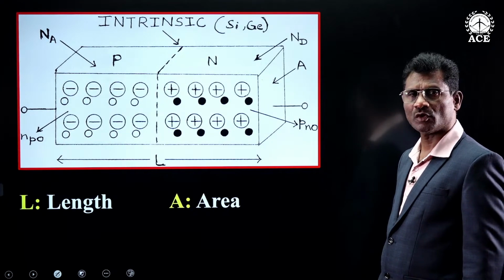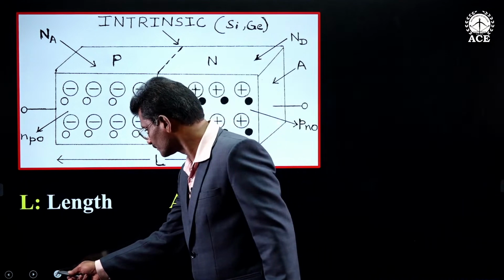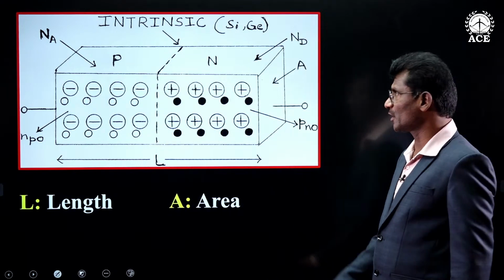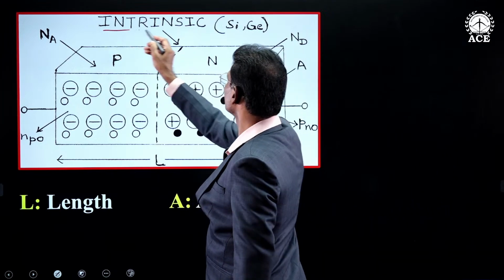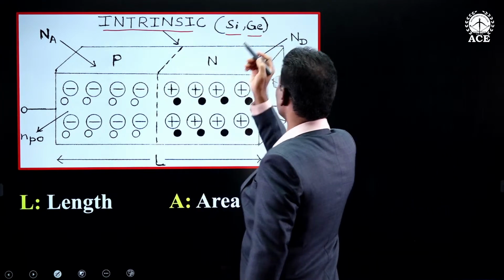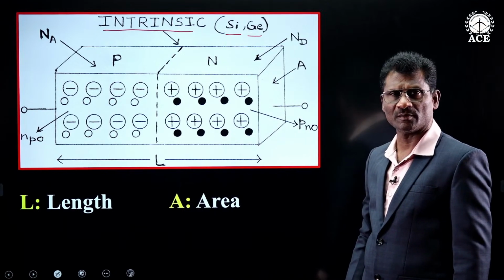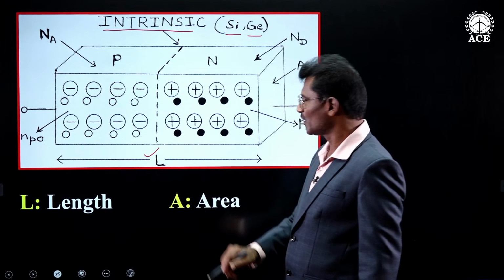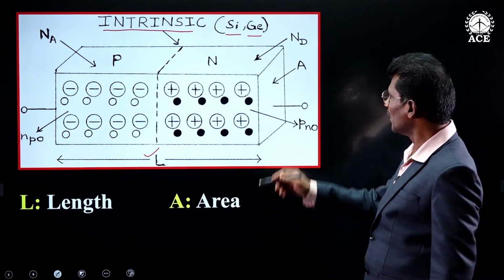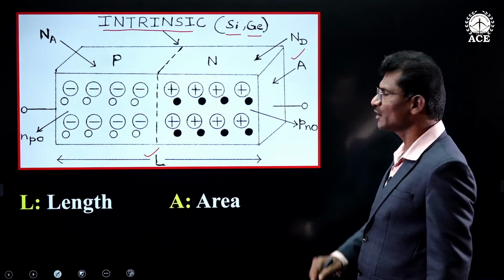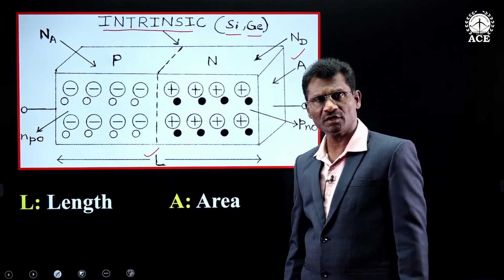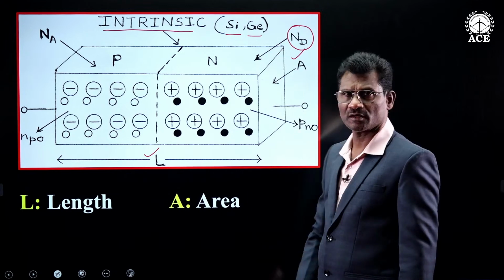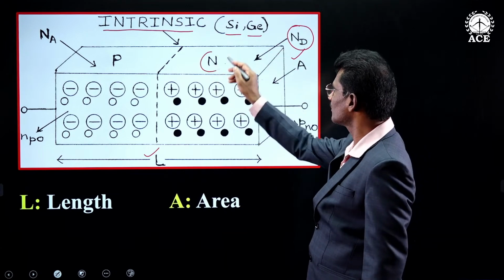First of all, we move on to construction. An intrinsic semiconductor bar made up of either silicon or germanium is considered. It has, say, a length of L and cross-sectional area A. Into it, at one side, donor impurities are added, making it N-type.